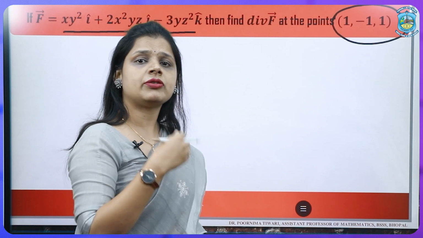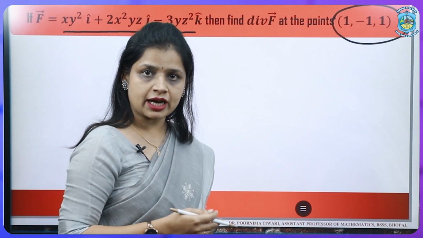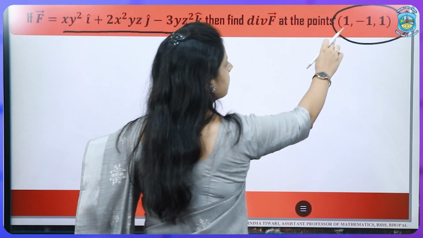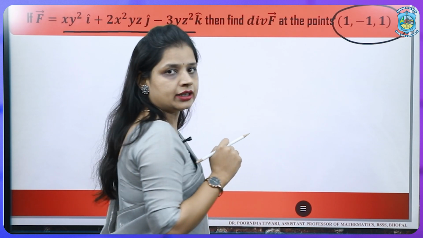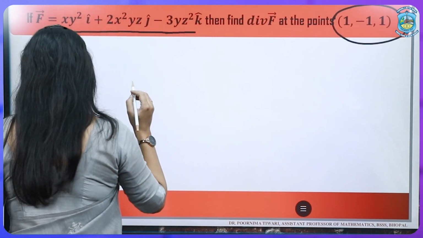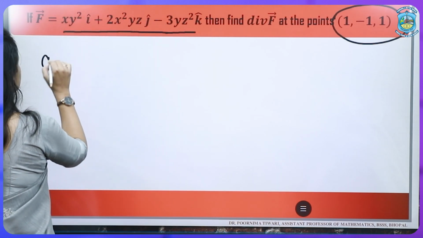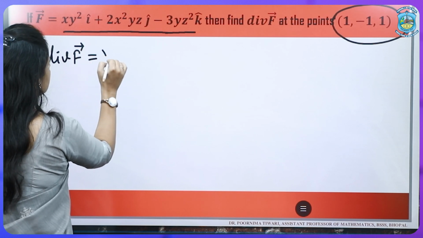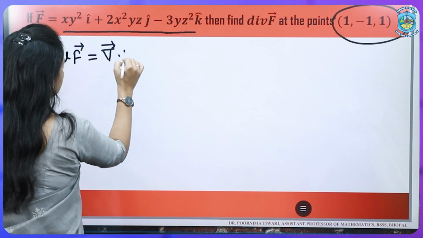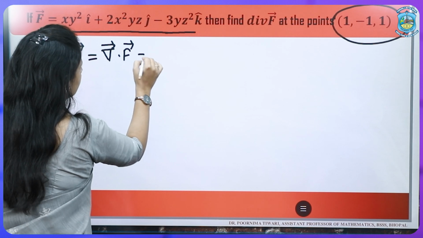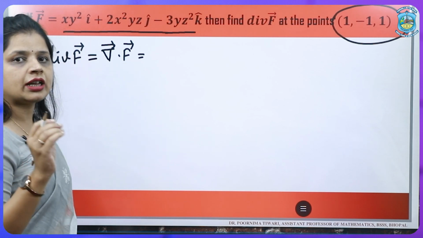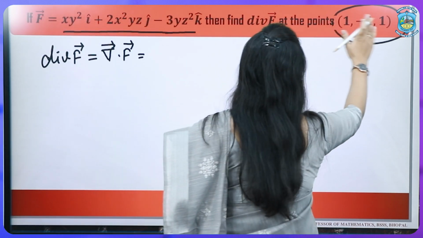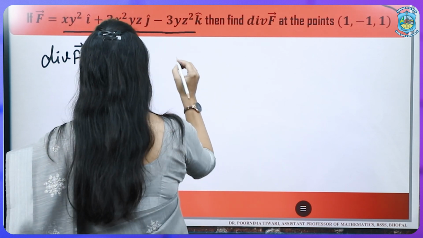That is, first we will calculate the value of the divergence and then we will substitute the value at this point. So, for calculating divergence of this vector, we will apply the formula nabla dot f. We will substitute the values of nabla as well as vector f.